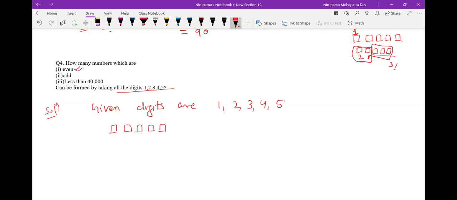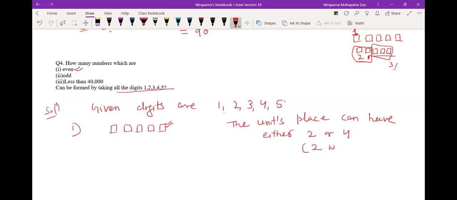When the numbers are even, the units place can have 2 or 4. In the first part you can write the units place. The units place can have either 2 or 4, so there are two different ways to fill this place.